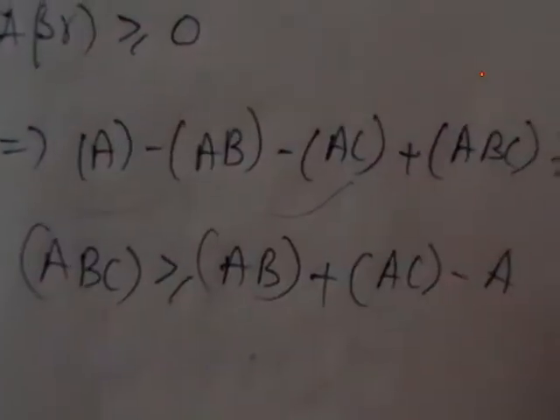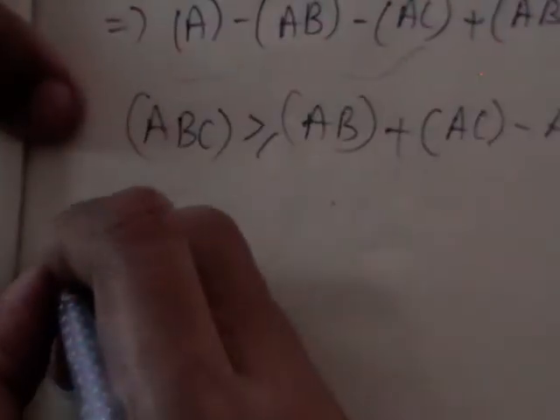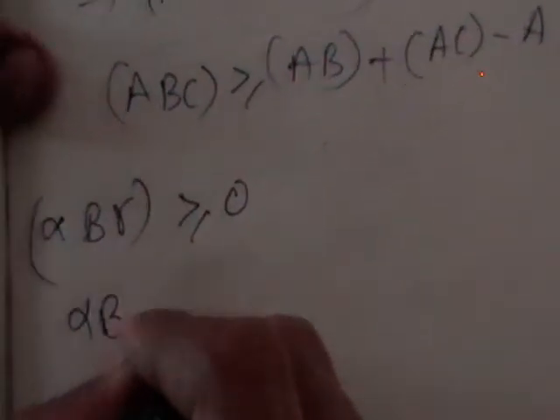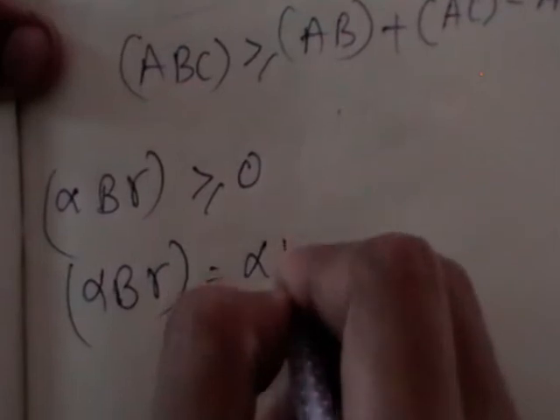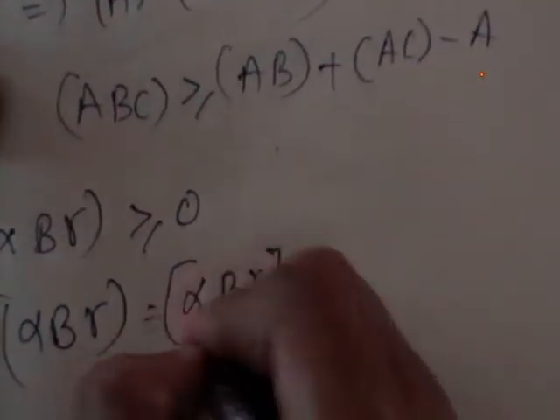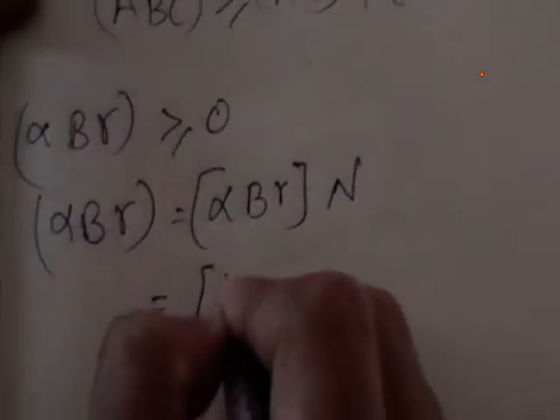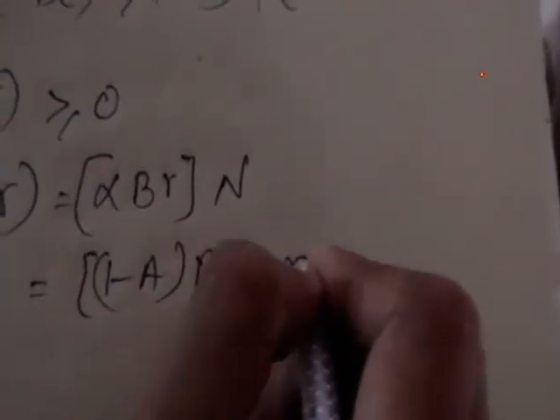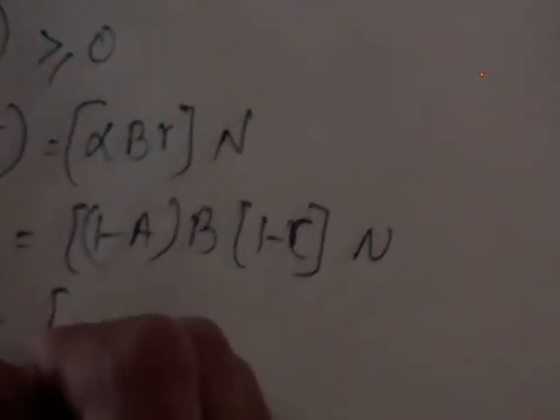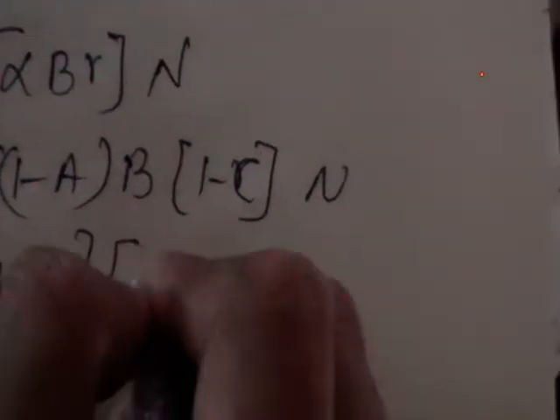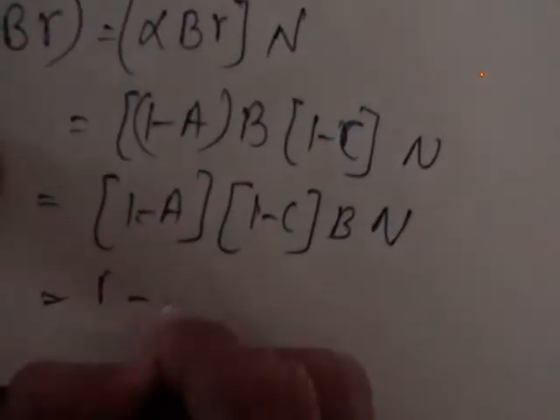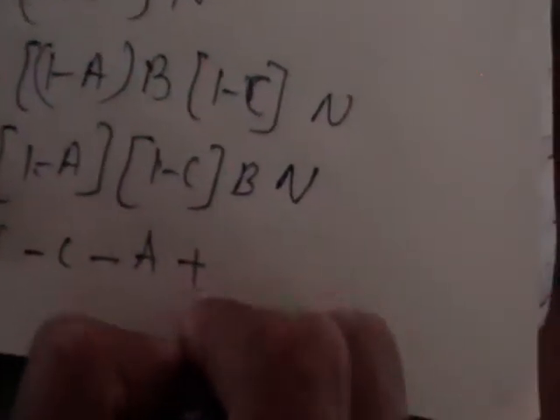Okay. Similarly, if you consider alpha B gamma, this is also greater than or equal to 0. First step is writing alpha B gamma into N. Alpha can be written as 1 minus A, write down B as it is, 1 minus C into N. So you got (1 minus A) into (1 minus C) into B into N. You multiply these: 1 into (1 minus C minus A plus AC) into BN.